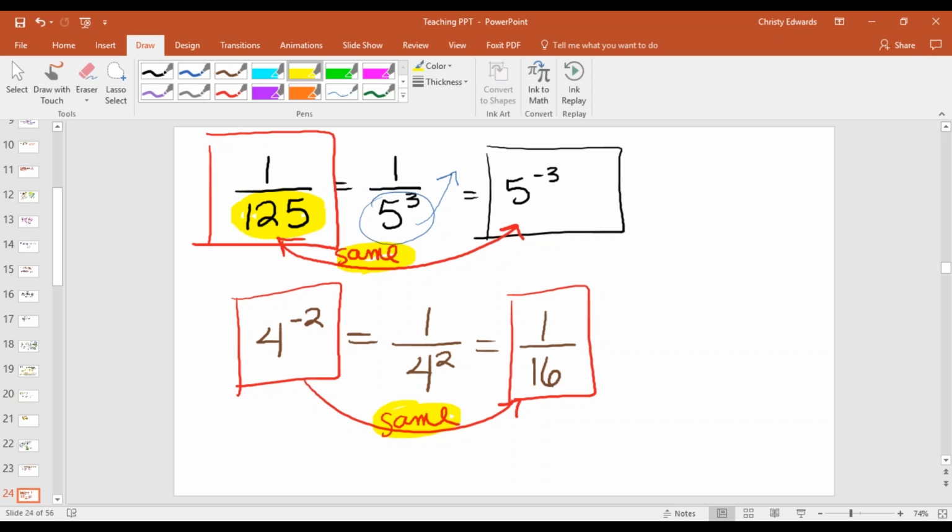And do you remember our big lesson today, which is crossing that fraction bar changes the exponent's sign. If you cross it from the numerator to the denominator, 4 to the negative 2 becomes 4 to the positive 2. And if you had to change it back to negative, you'd go back into the numerator.